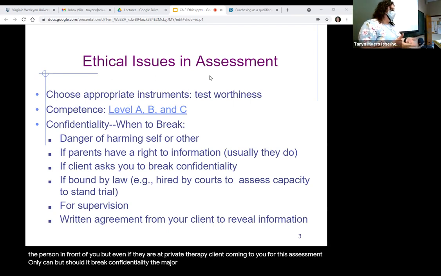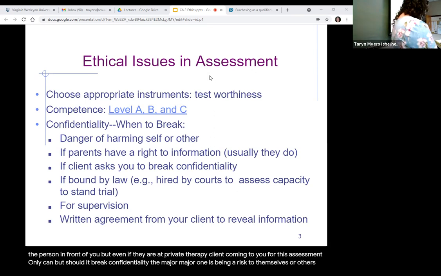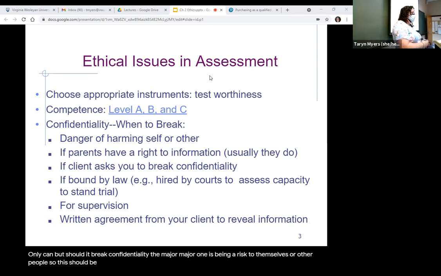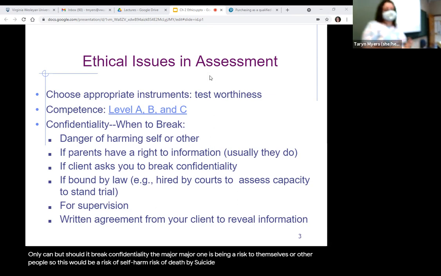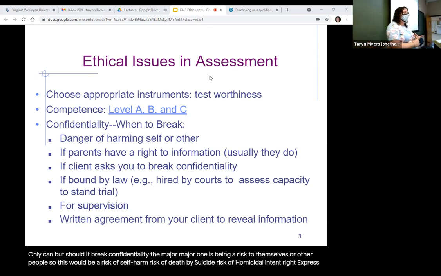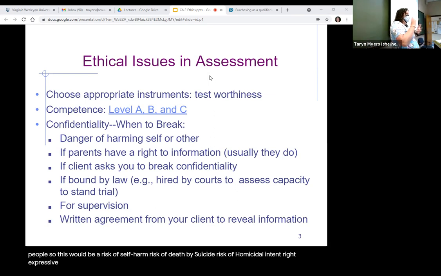The major one is being a risk to themselves or other people. So this would be risk of self-harm, risk of death by suicide, a risk of homicidal intent, right? Expressing aggression towards a specific person, right?